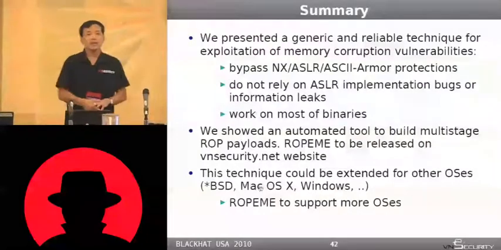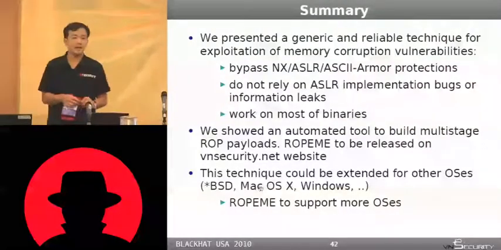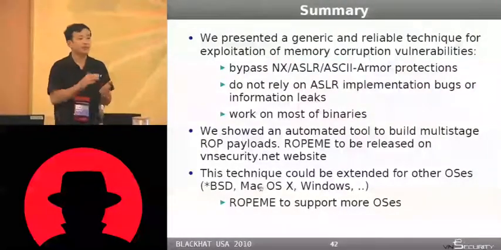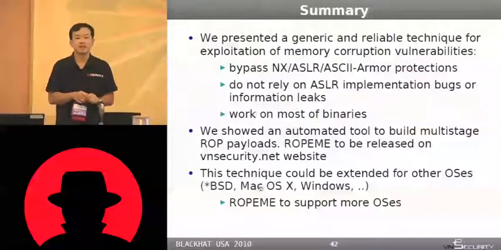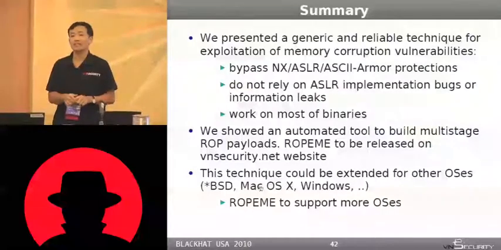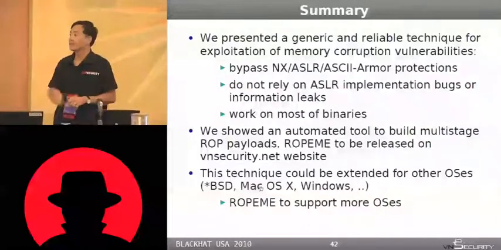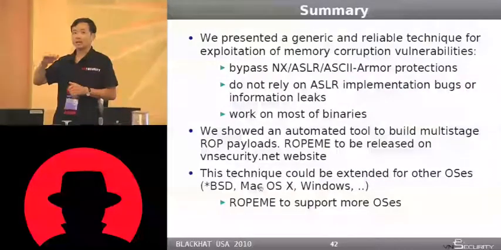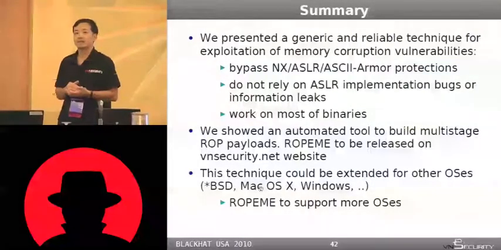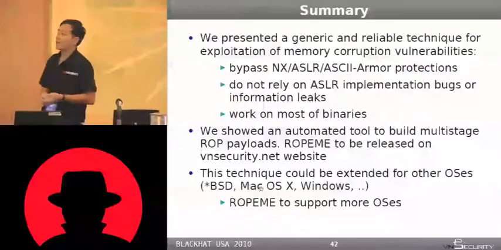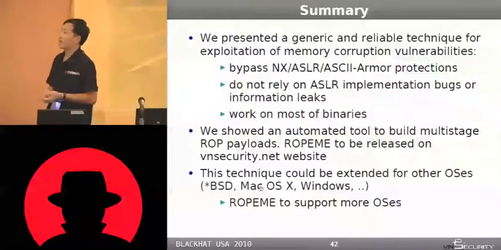In summary, what we have seen here is a generic, reliable, and practical return-oriented exploitation technique that can completely bypass the system-level protections on modern Linux 32 bits, including ASLR and ASCII armor.